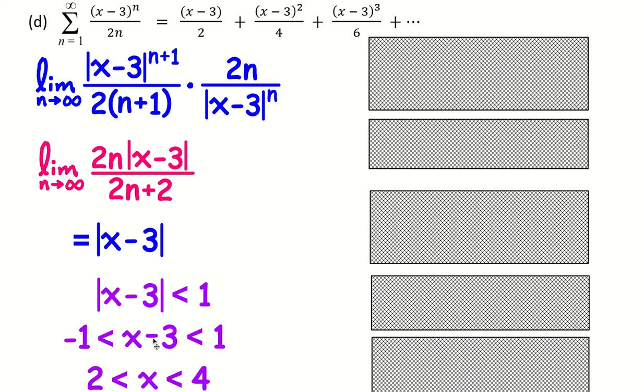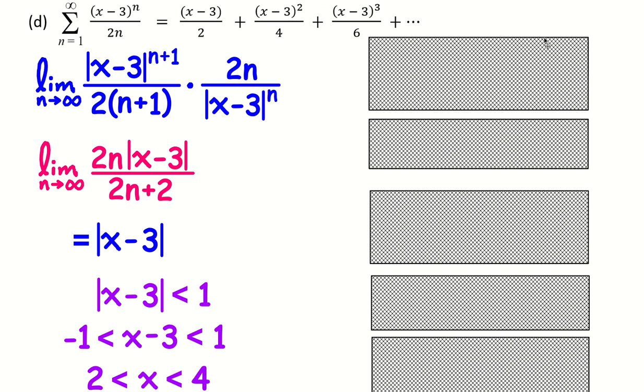So you're going to add 3 to the middle, right side, and left side, and this right here is going to be your interval of convergence, at least for absolute convergence. So this is where it converges absolutely.